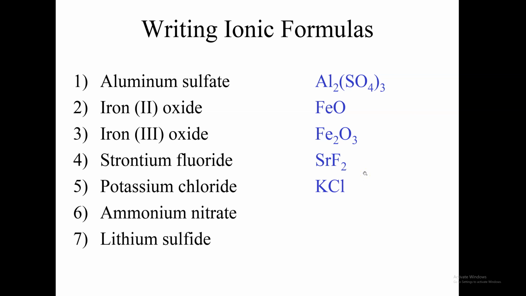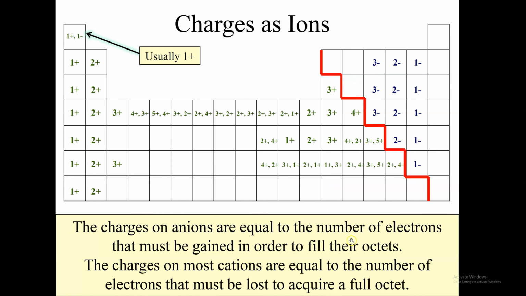And potassium chloride is KCl, which is +1, -1. And then ammonium nitrate, which is again +1, -1, you crisscross them and end up with NH4NO3. And then lithium sulfide, which is -2 for sulfur and +1 for lithium, and that brings us to Li2S.